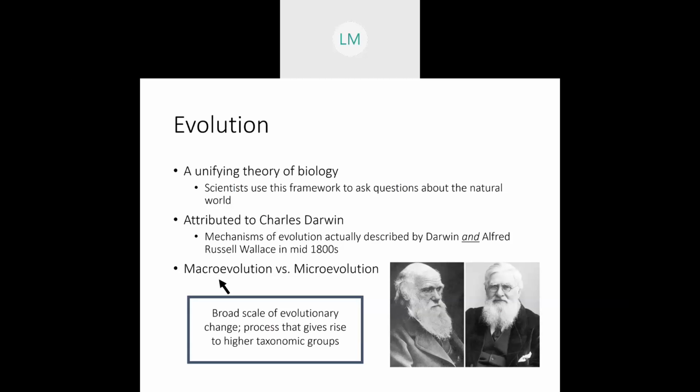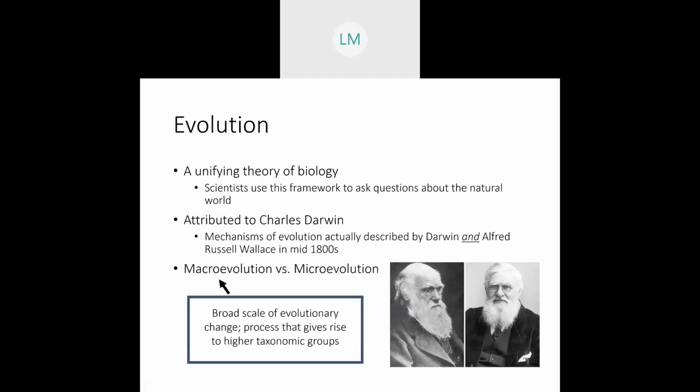So these are pictures of the two of them over here. They look very similar, but this one on the left is Charles Darwin, and this one on the right is Alfred Russel Wallace. So both of them came up with this idea about the mechanisms of evolution, primarily through natural selection, which we'll talk about in a couple slides, in the mid 1800s.